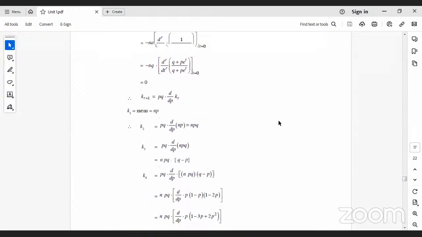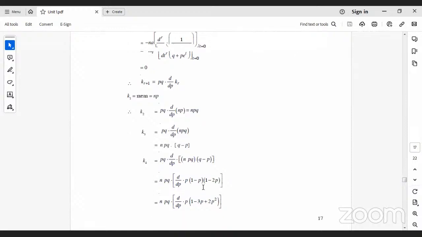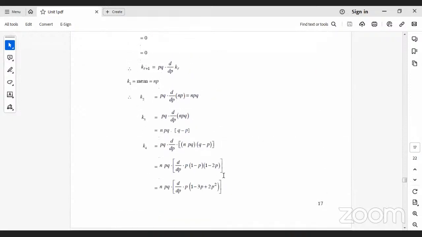So therefore k is equal to n p, we are writing here. Therefore k2 is equal to the condition here: pq by 1, dp by dp, n p constant, d by dp of p, dp by n constant. So p is a constant, dp by p is 1, right? See, dp by p is 1.